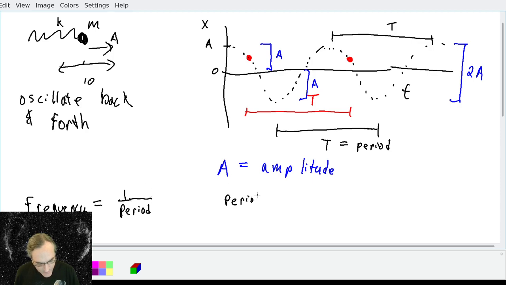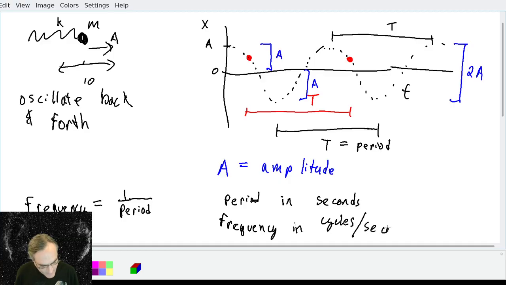So the period is in seconds, and the frequency would be in cycles per second. So of course a cycle is going through one full cycle of your sine or cosine type function.